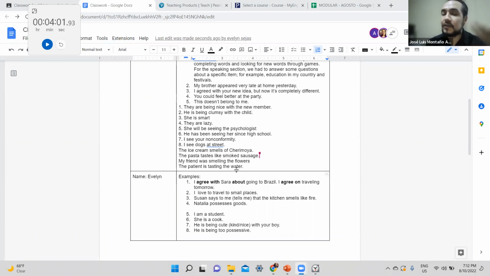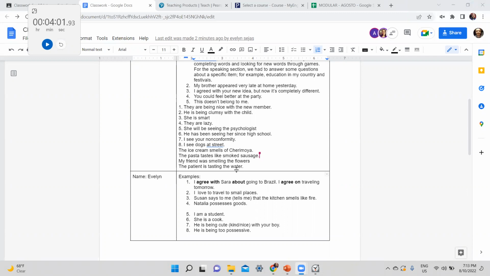Those are inanimate objects that produce something. The ice cream produces a smell and the pasta produces a taste. And you, as a person, as a human being, can use your senses to try that. So you can be smelling, you can be tasting.